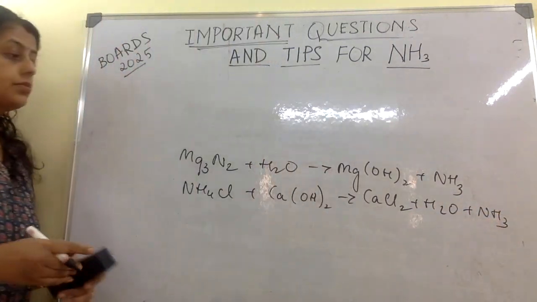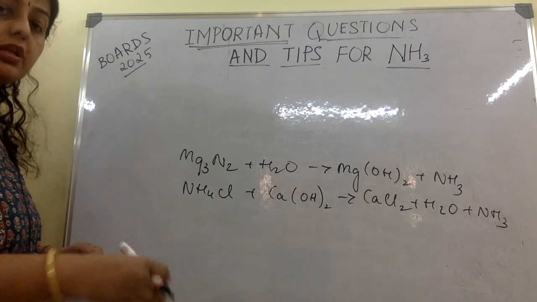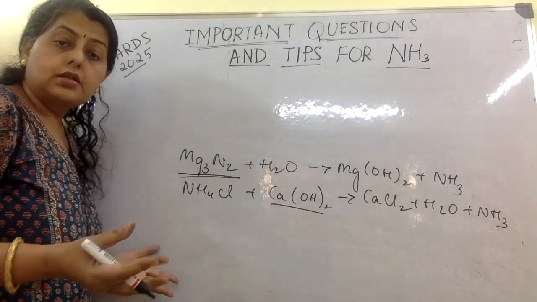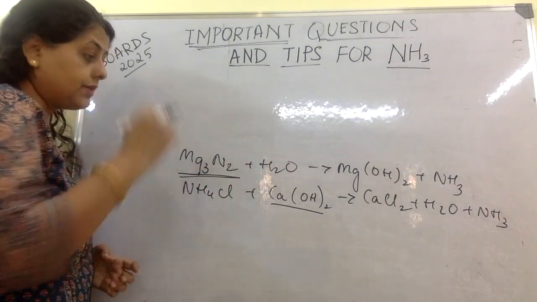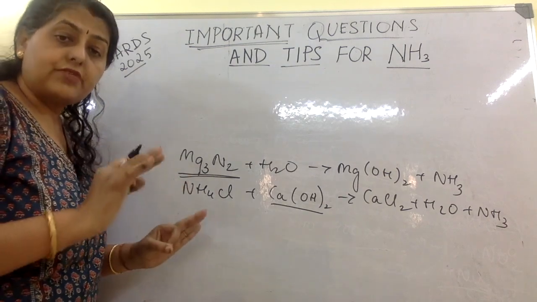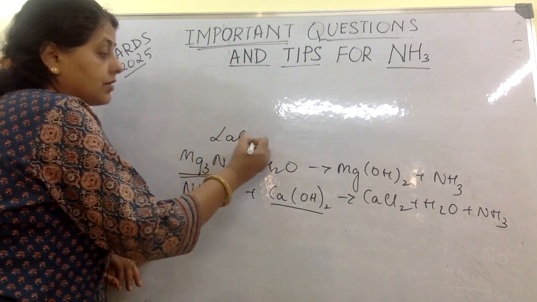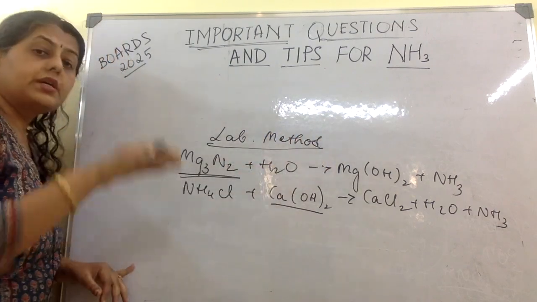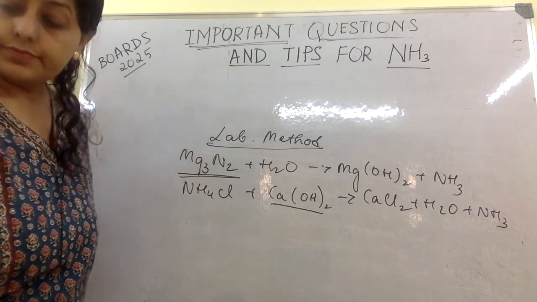So how do we remember it? We have to remember in one it's a nitride and in the other one it is an alkali with which ammonium chloride reacts. These two reactions are asked very often. This comes under the lab method of producing ammonia. Remember these under the lab method.